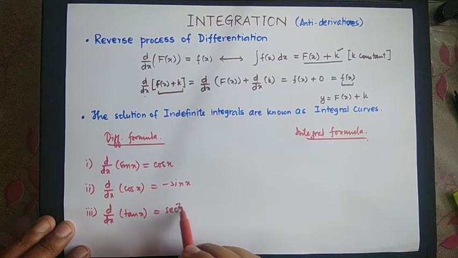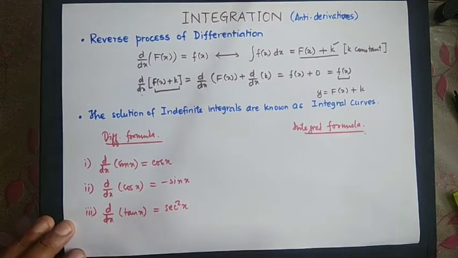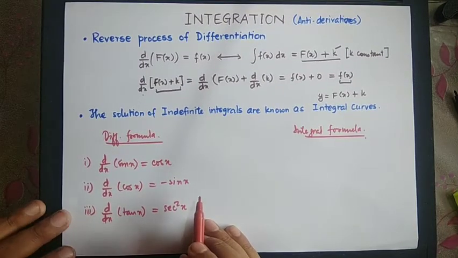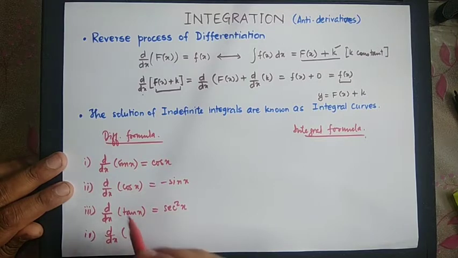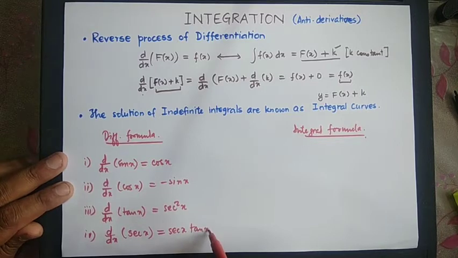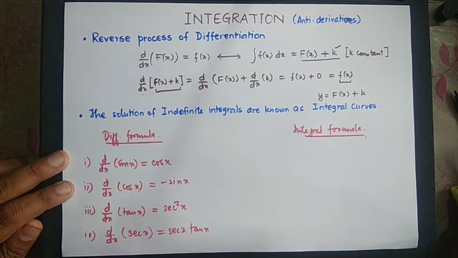Differentiation of tan x is sec squared x. And I'll take one more last function, differentiation of sec x, so it is sec x tan x. So let me take these four formula.